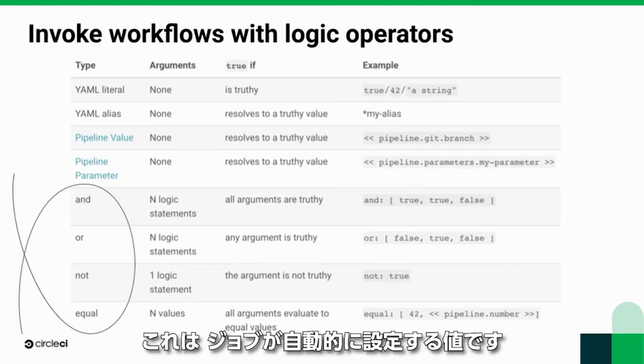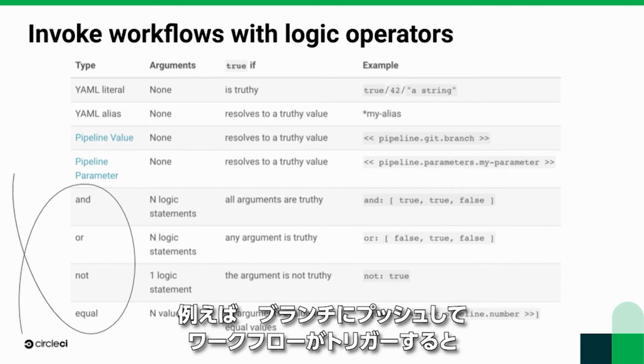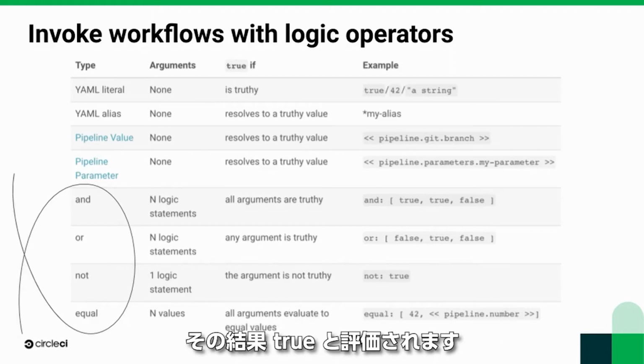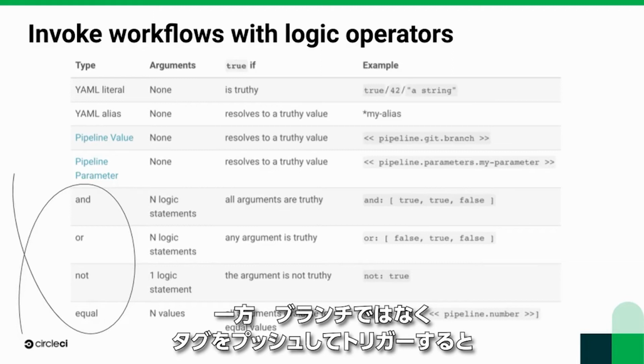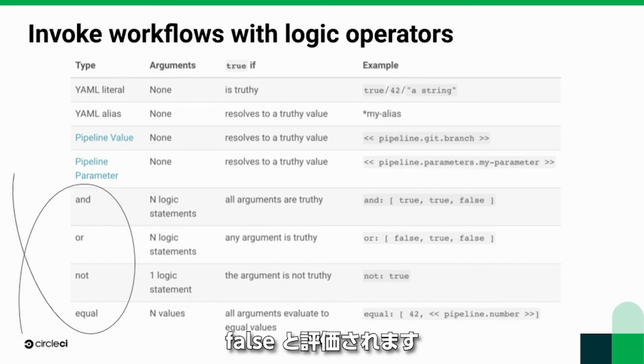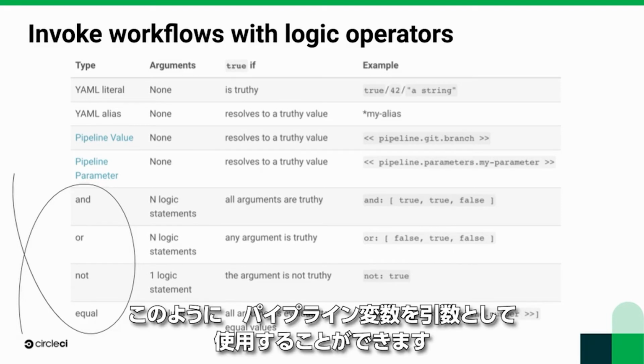Pipeline values, the values that we automatically add into your jobs, like pipeline.get.branch, which would become a string value if you pushed to a branch and triggered a workflow on CircleCI. If you pushed a tag, well, pipeline.get.branch would be false because it would be an empty string. So you can use these pipeline values as arguments.